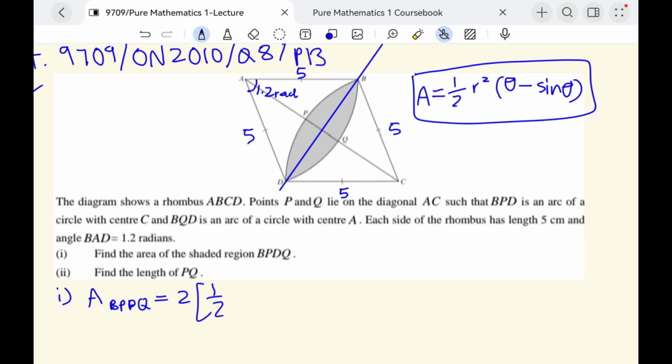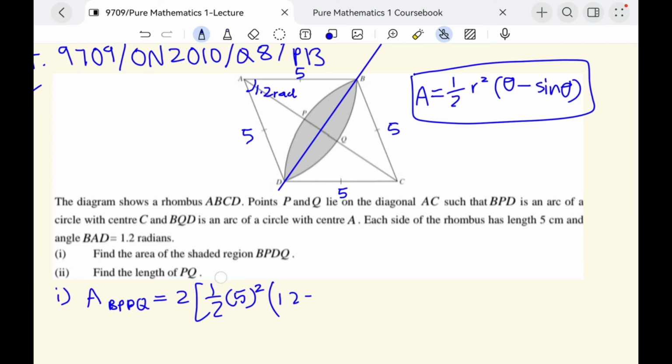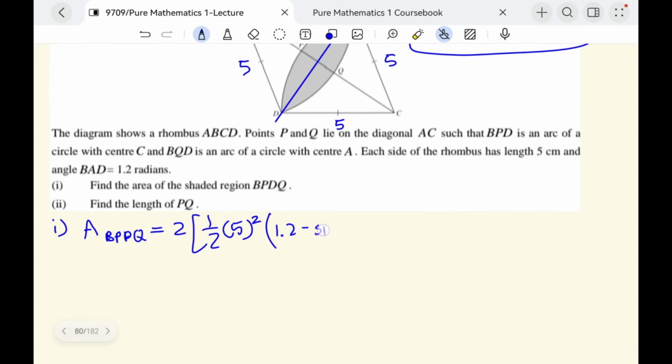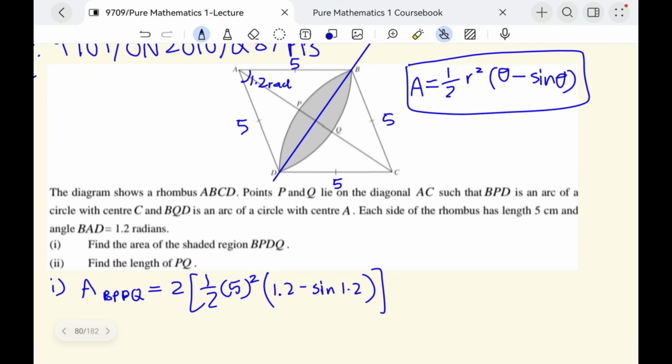So what is your r? The r is 5, this is your radius. What is your theta? 1.2 minus sine 1.2. Please make sure that when you calculate sine 1.2, you use radian mode because 1.2 is in radians. So the steps are simple.